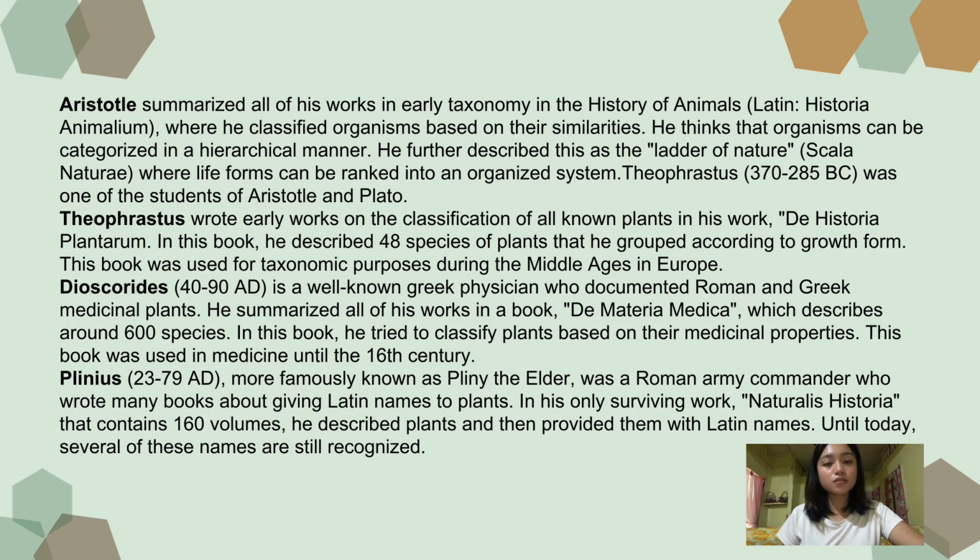Lastly, Flavius, more famously known as Pliny the Elder, was a Roman army commander who wrote many books about giving Latin names to plants. In his only surviving work, Naturalis Historia, that contains 160 volumes, he described plants and then provided them with Latin names. Until today, several of these names are still recognized.